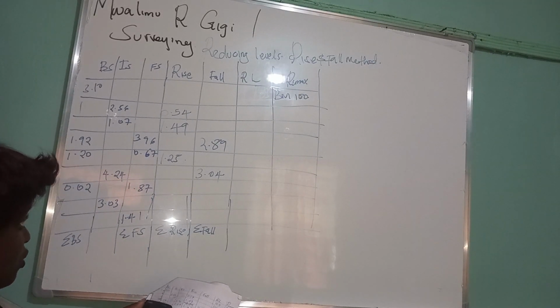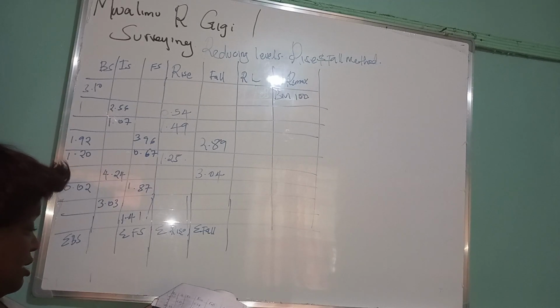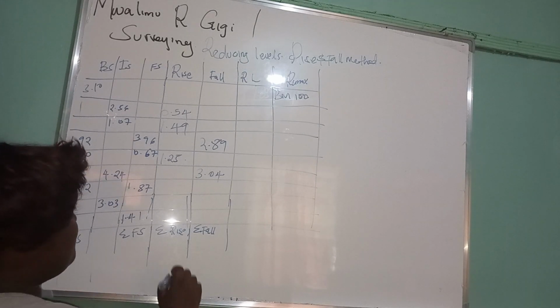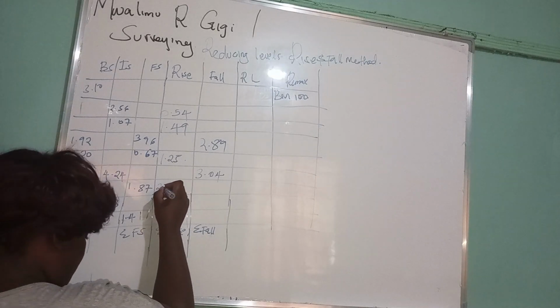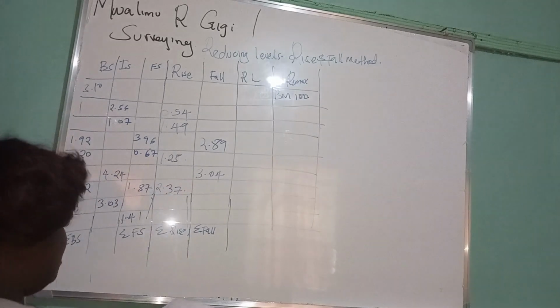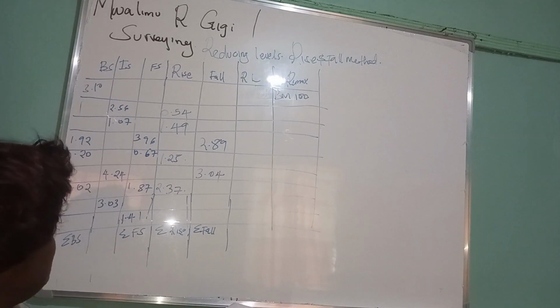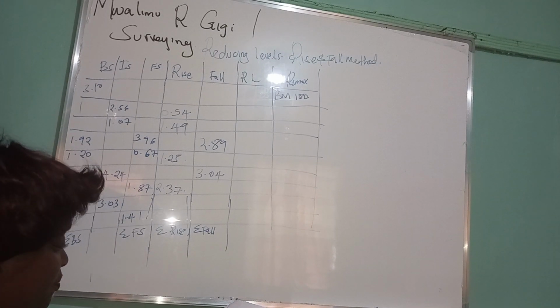4.24 minus 1.87. So it is 2.37. So it is a rise of 2.37. So next we go to 0.02 minus 3.03.